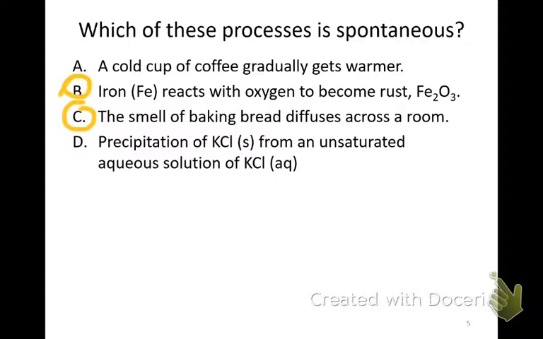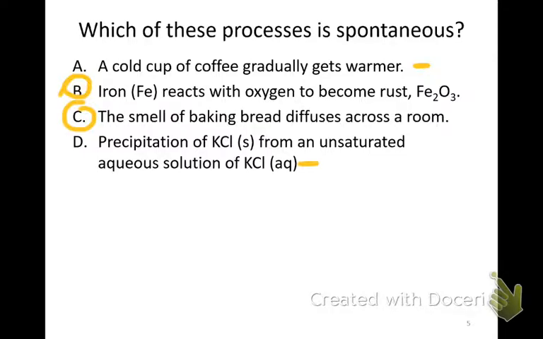Okay, so we see that some of these processes are spontaneous and some of them are not spontaneous. We note that the ones that are not spontaneous are spontaneous in the reverse direction. So we said that the warm cup of coffee would get colder, and that we wouldn't get precipitation from an unsaturated solution, but instead we could add more solid, so we'd get anti-precipitation.